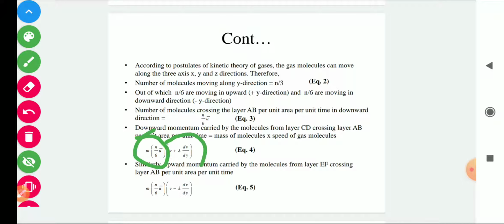Multiplying this by the velocity of that particular layer gives the downward momentum carried by the molecules from layer CD.